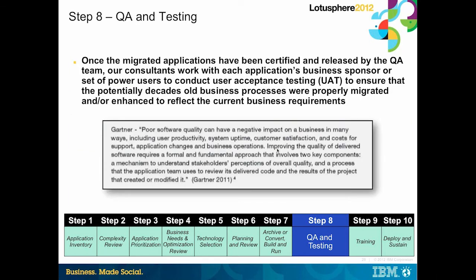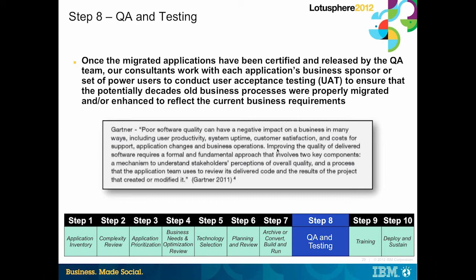Again, some quotes from Gartner here. Once they've been certified, certainly the power users, the business sponsors and owners can go through the UAT process to ensure that those business processes were properly migrated and that the application is simply working as it should. It talks here about how poor software quality can have a negative impact on any business.